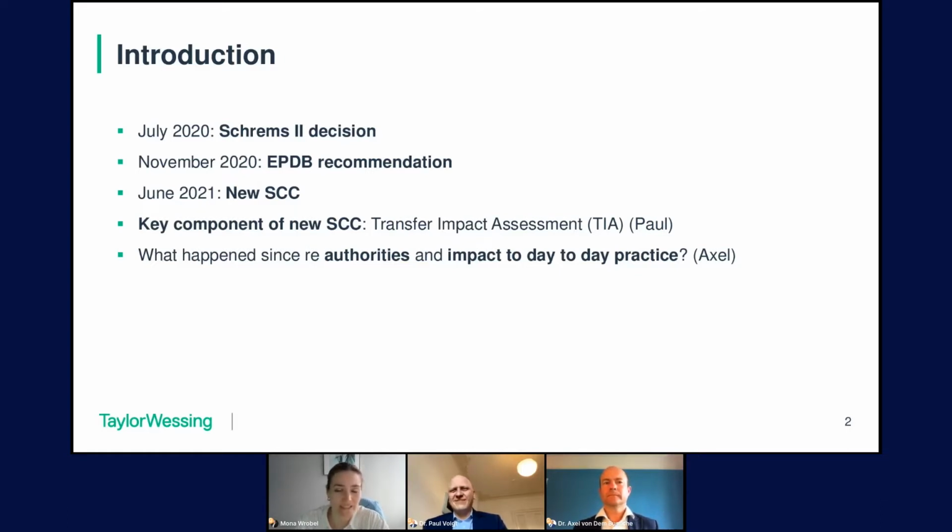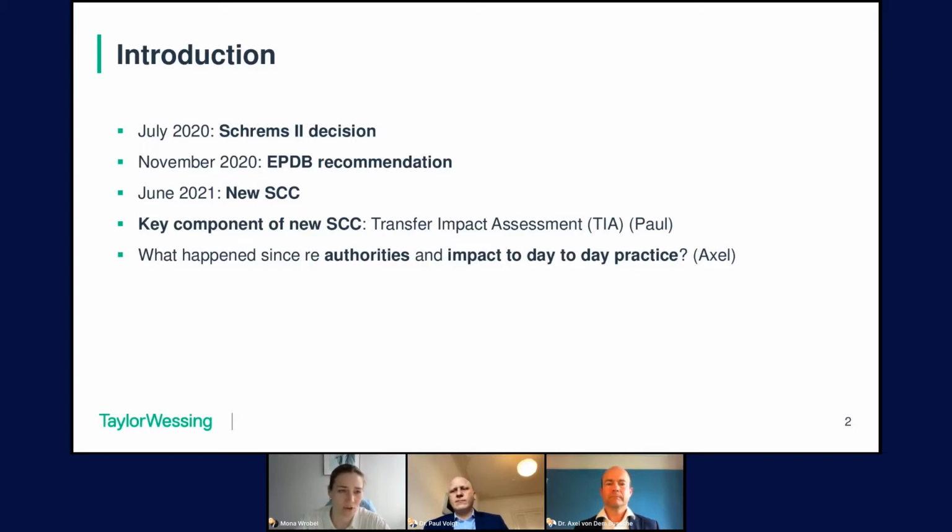This so-called 6-step plan that the European Data Protection Board recommended will be introduced to you in more detail by Paul later. This is just for you to know that already in November 2020, before the new SCCs became in place, we have a big structure of how to go through what to do before you do a transfer of personal data to third countries.